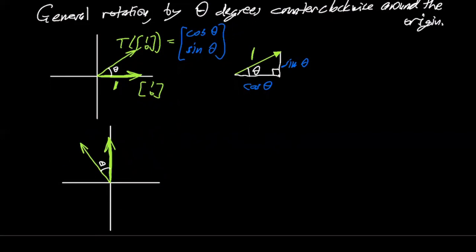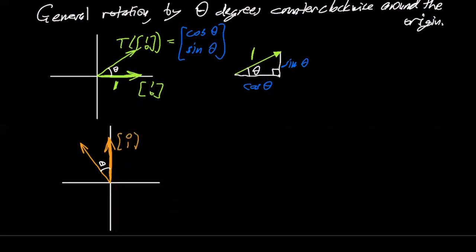I wanted these to be a different color, right? They were orange before. Let me not make the whole axis orange. All right, so this is the exact same picture, just rotated.